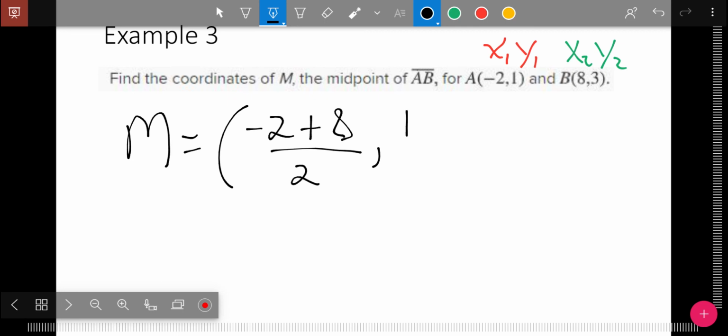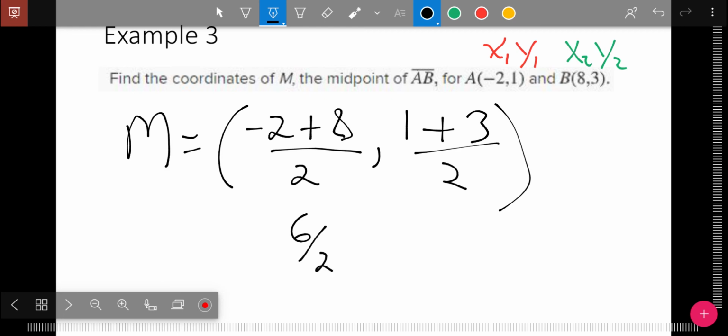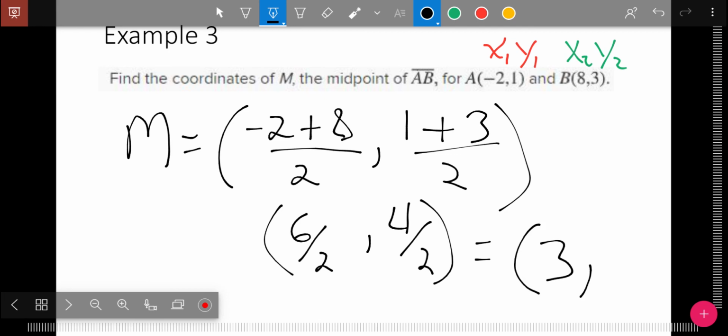Y1 is 1, plus y2 is 3, divided by 2. -2 plus 8 adds up to 6. 3 plus 1 adds up to 4. And so my final answer is the point 3, because 6 divided by 2 is 3, comma 2, because 4 divided by 2 is 2. And so that is my final answer for the midpoint.